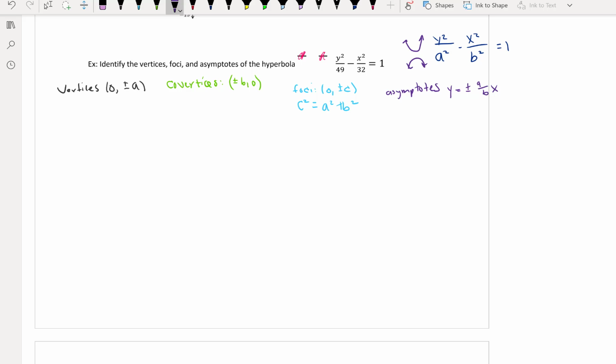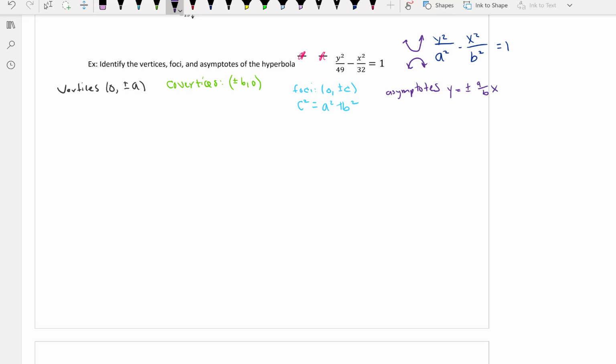So I went ahead and copied down the formulas for y squared over a squared minus x squared over b squared equal to 1. And so now that I have that general equation, I wrote down the general equation of how to get the vertices, the co-vertices, the foci, and the asymptotes. So now I can actually identify my a and my b values.